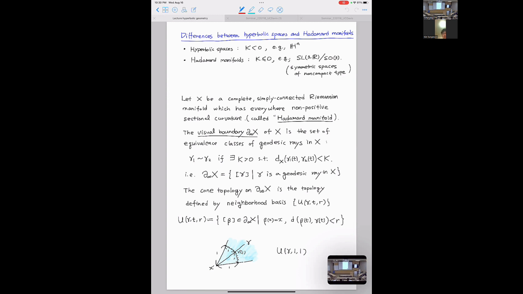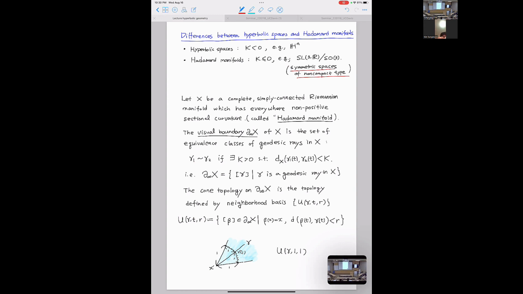Usually the symmetric space of non-compact type is a Hadamard manifold. And then we can define the visual boundary of Hadamard manifolds in the same way as in the delta hyperbolic space case.